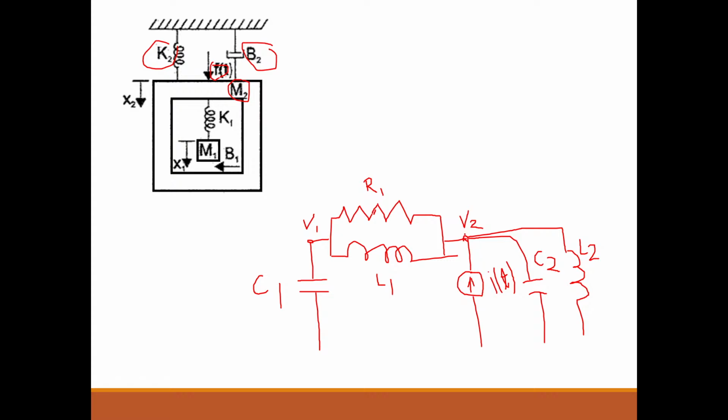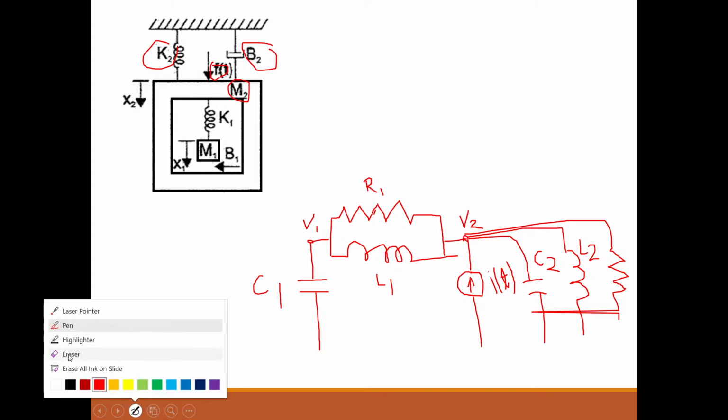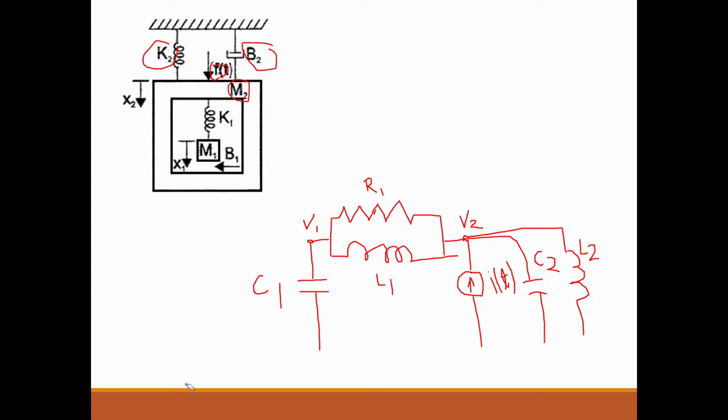So now draw a resistor parallel to the other elements, because B2 is 1 by R2 is analogous to B2.